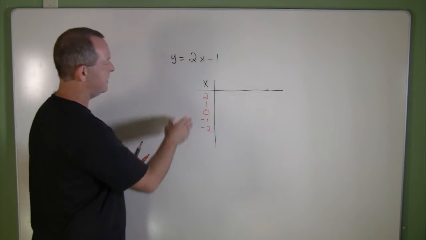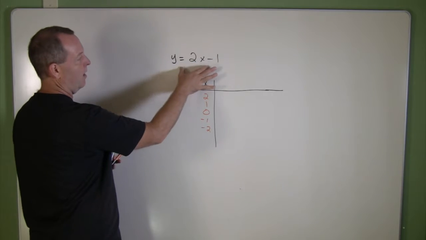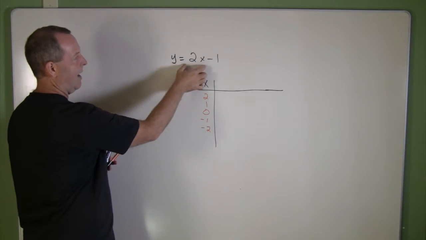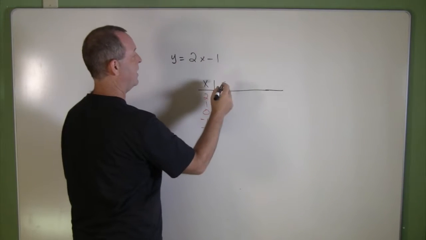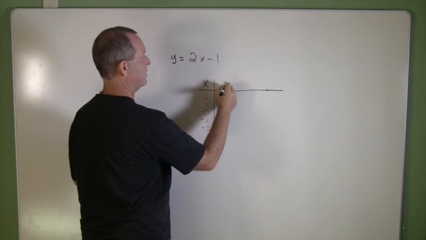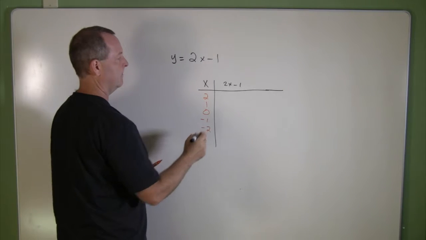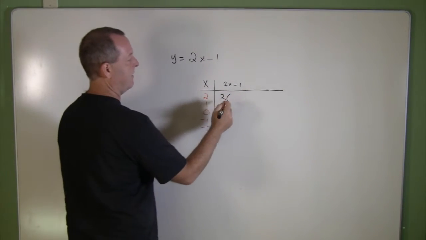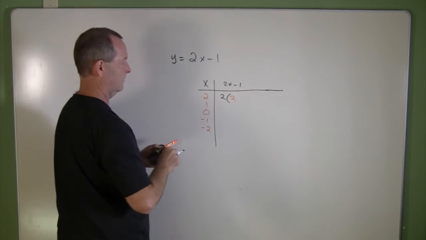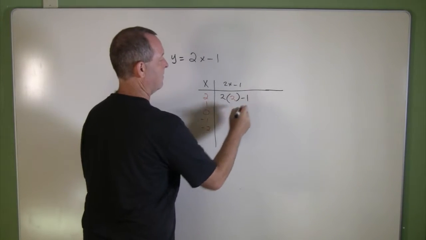Typically when we do this, it will be a great way to get a good idea of what's going on. So what's the y when x is 2? I'm going to write the equation in here, which was 2x minus 1. So I'm going to take 2 times my x, which we're going to say for this case is a 2, minus 1.